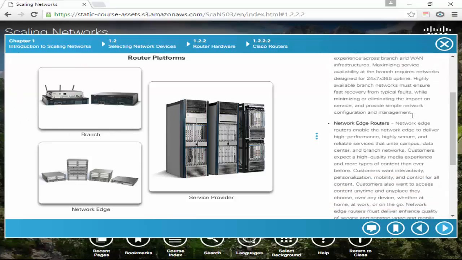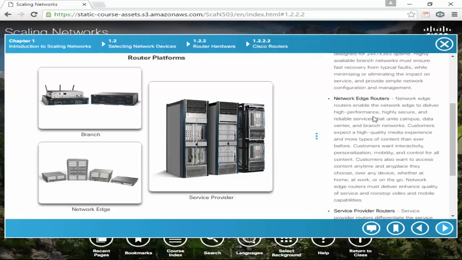Okay, network edge routers. Network edge routers enable the network edge to deliver high performance, highly secure, and reliable services that unite campus, data center, and branch networks. Customers expect a high quality media experience and more types of content than ever before.